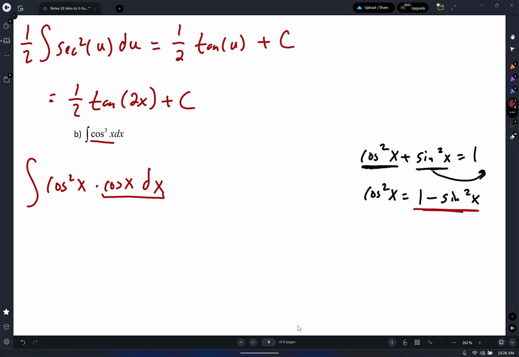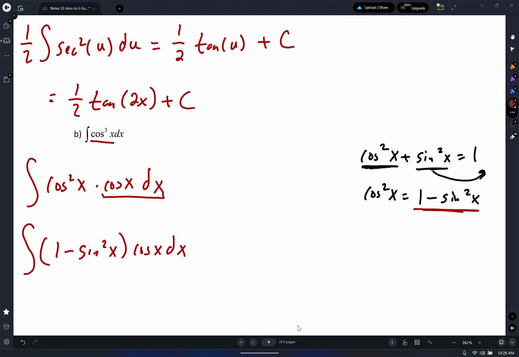I'm going to replace cosine squared with, put it in parentheses, 1 minus sine squared x, cosine x dx. And now, see, that's why practice makes progress. You need experience.